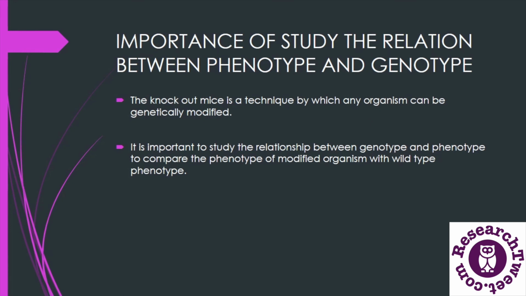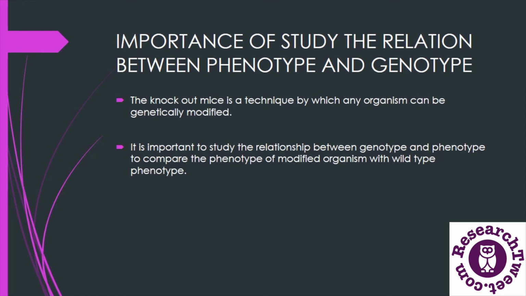Here the question arises: why is it important to study the relationship between genotype and phenotype? With the help of advanced biology, scientists can genetically modify an organism so it does not express a specific gene, and this technique is known as knockout mice, named after the model organism mice.